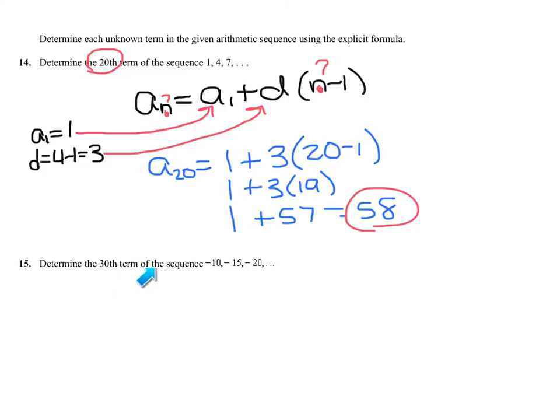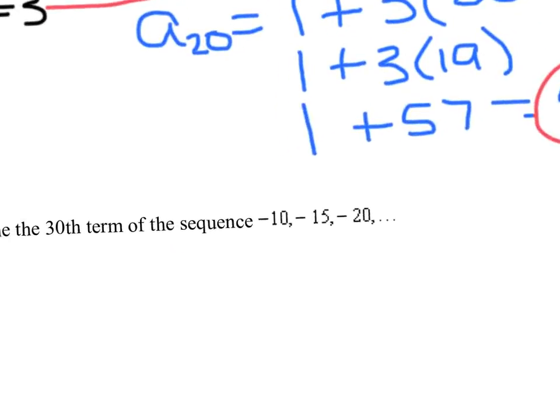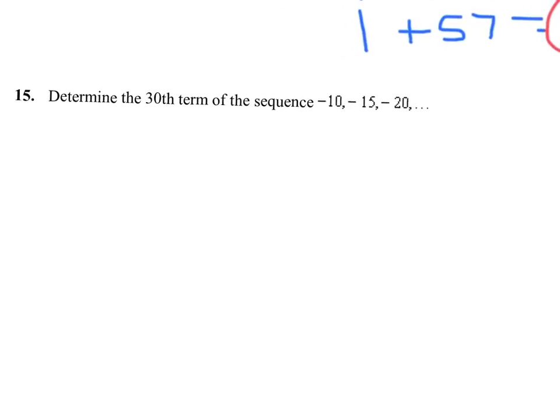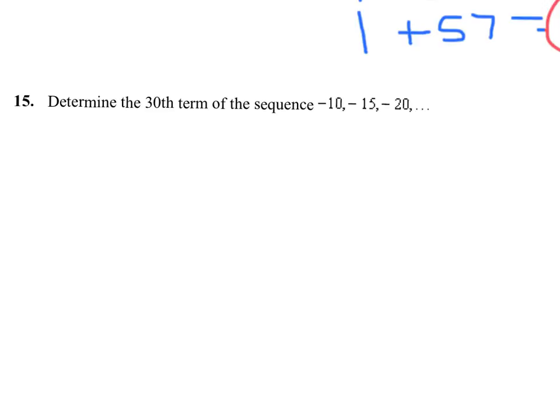Determine the 30th term of the sequence below. And again, we were told it's arithmetic. And we can see that the sequence is going further and further into the negatives. So our difference should be a negative number. Let's just find out what it is. We've got negative 15 minus a negative 10. That leaves me with negative 5. So there's my difference.